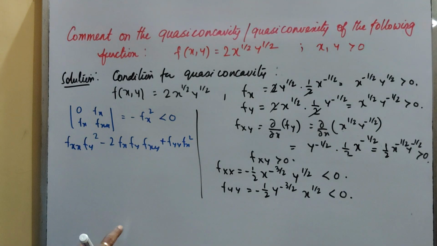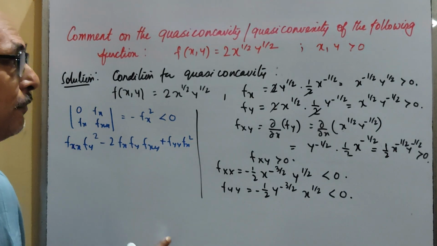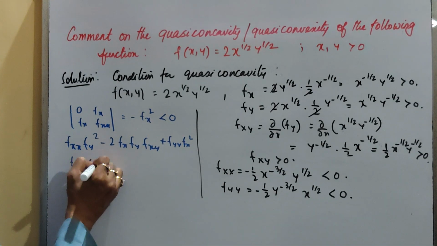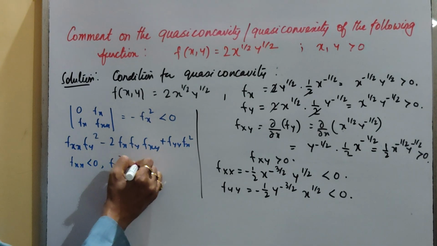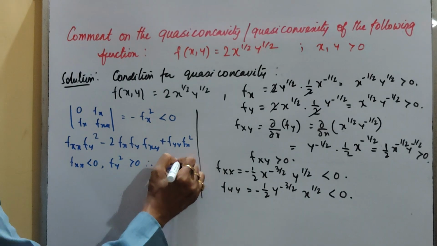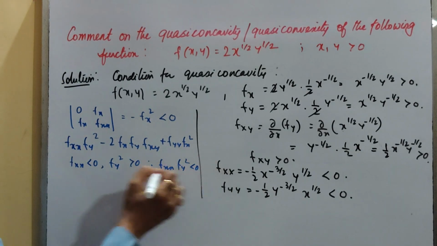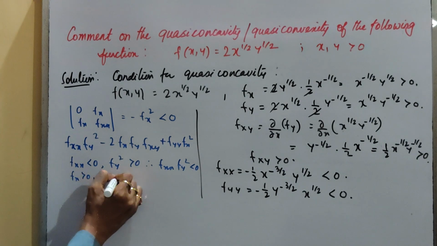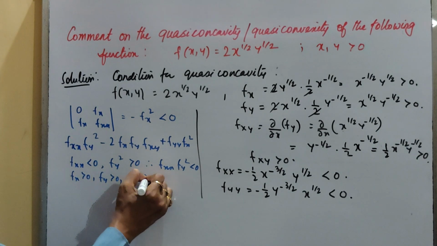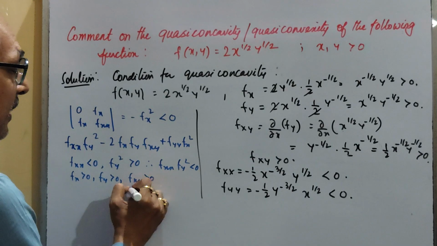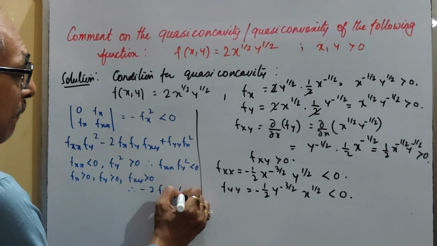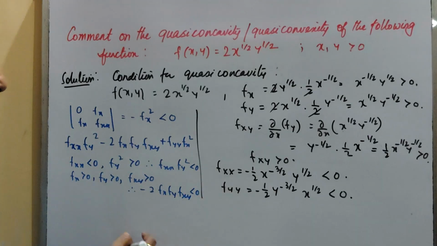We are concerned about the sign, not the value, therefore we check only the sign. fxx is negative and fy square is positive, therefore fxx fy square is negative. fx positive, fy positive, fxy also positive, therefore minus 2 fx fy fxy is negative.